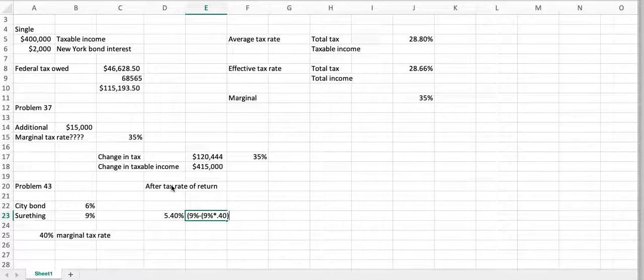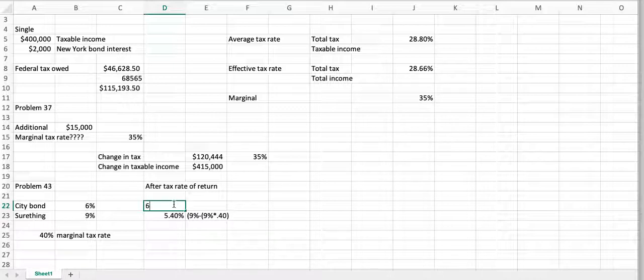Now the reason is he's in a 40% marginal tax rate. So he is going to get 9% interest on that bond, but he's going to have to pay tax on that of 40%. The other way to look at this is he's getting 60% of it after tax. So that would give you 5.4%.